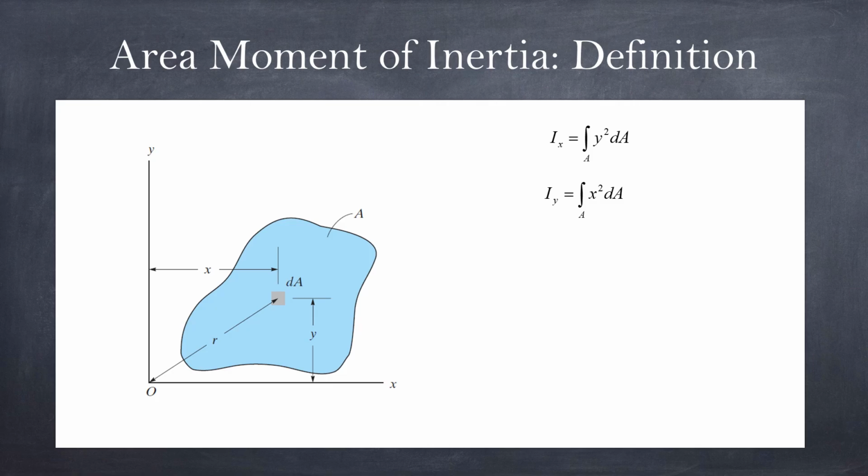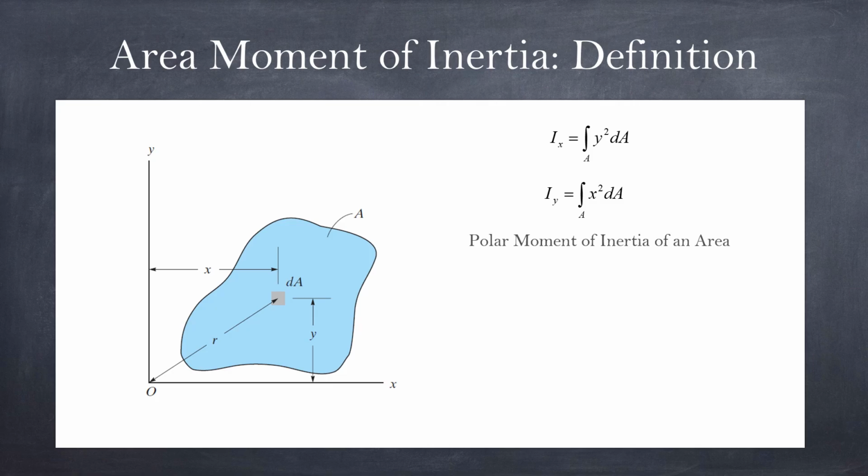It uses the 90-degree arm, in this case x. So Iy becomes the integral of x squared dA, and of course all integration is over A. So again, think about it: when we mention this, it's about 90-degree or parallel. In this case, the parallel arm is squared.